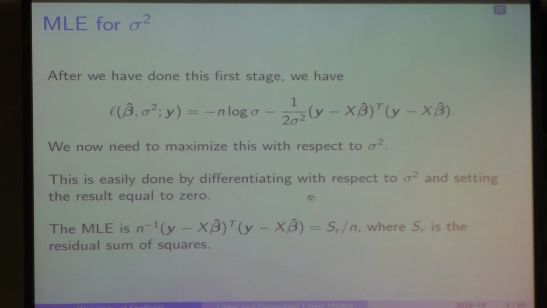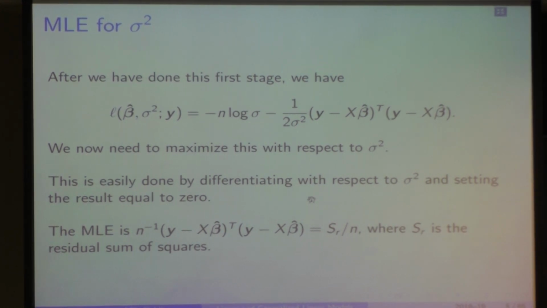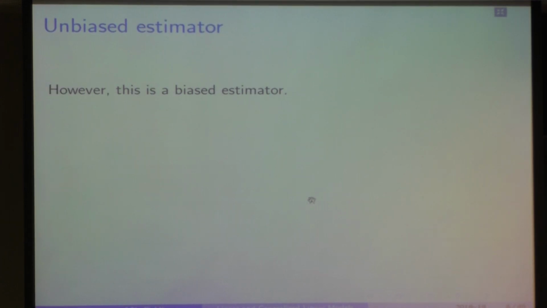And that estimate was SR, the residual sum of squares, divided by n minus p, the number of degrees of freedom. And we saw that that was an unbiased estimator. So this estimator, SR over n, instead of n minus p, is not an unbiased estimator. So that estimator we've just found as a maximum likelihood estimator is a biased estimator.